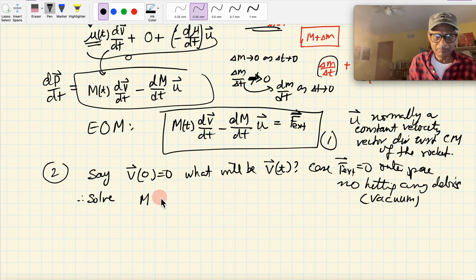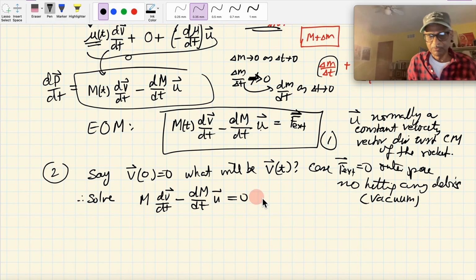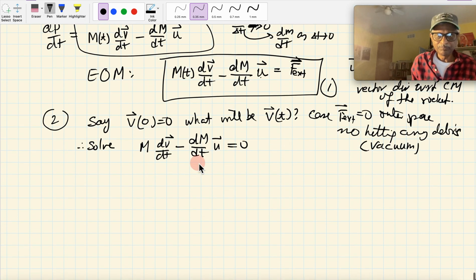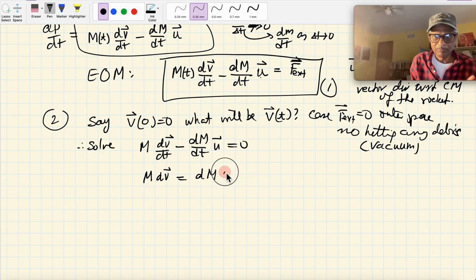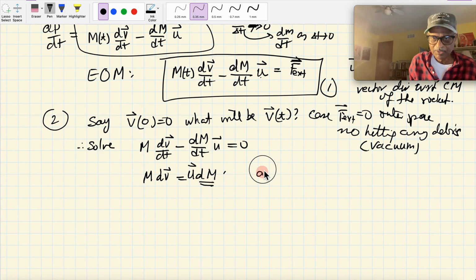So we have m dv/dt minus dm/dt u equal to 0. All right. Clearly you can just multiply by dt and this becomes m dv equals u dm. Okay, so bring m to the other side, and this is the one where we integrate the variables. So you have dv equals u dm over m.